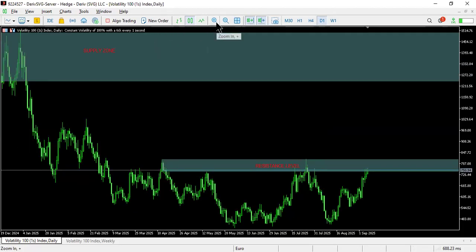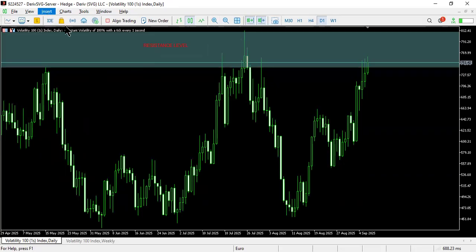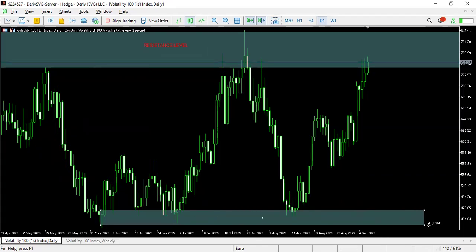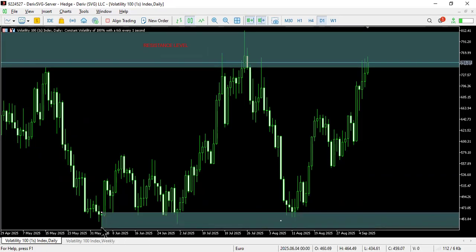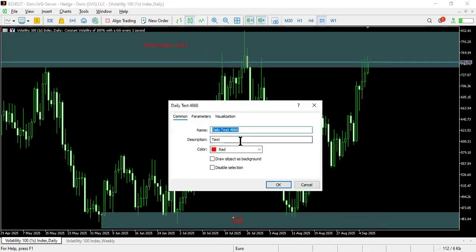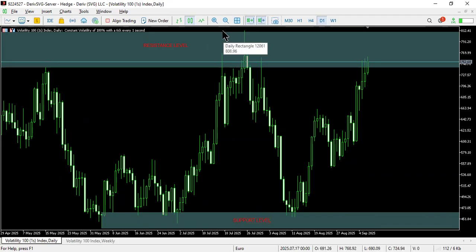And then we have the support that is preventing price from going to our demand zone. So that is our support level.